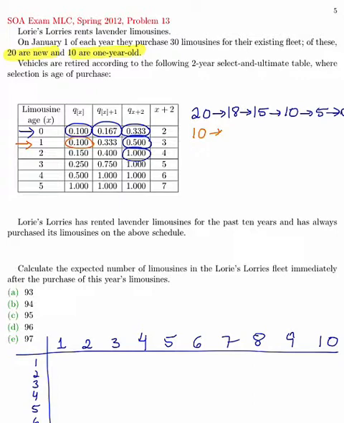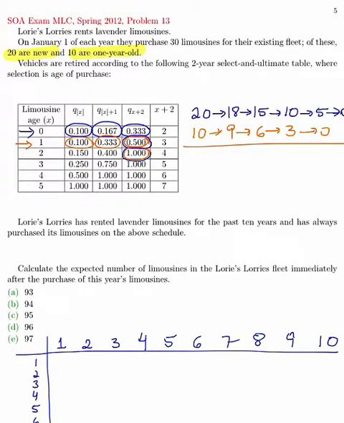So 10% of 10 is 1, so I'm left with 9. Then a third of those get retired the next year, so that's 3 get retired, so I have 6. Half of those get retired, so now I have 3. And then 100% get retired, so I have 0.